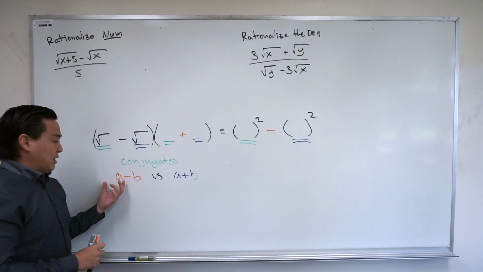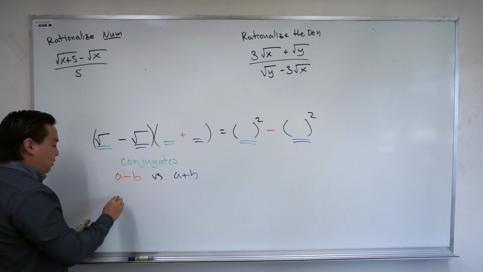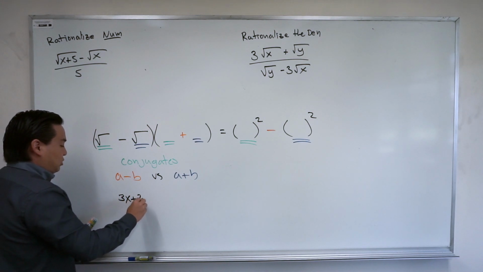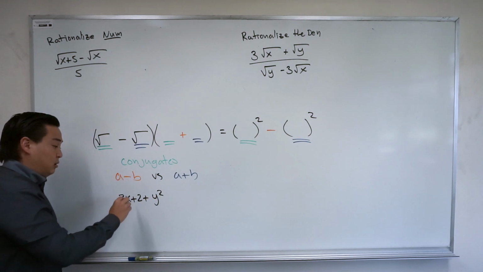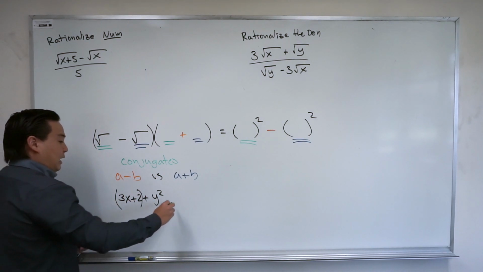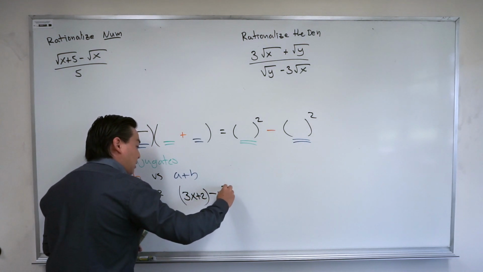Now, it doesn't just have to look like this. So what I mean by that is you could have something like 3x plus 2 plus y squared, and you can group it like that, and its conjugate would be that one.